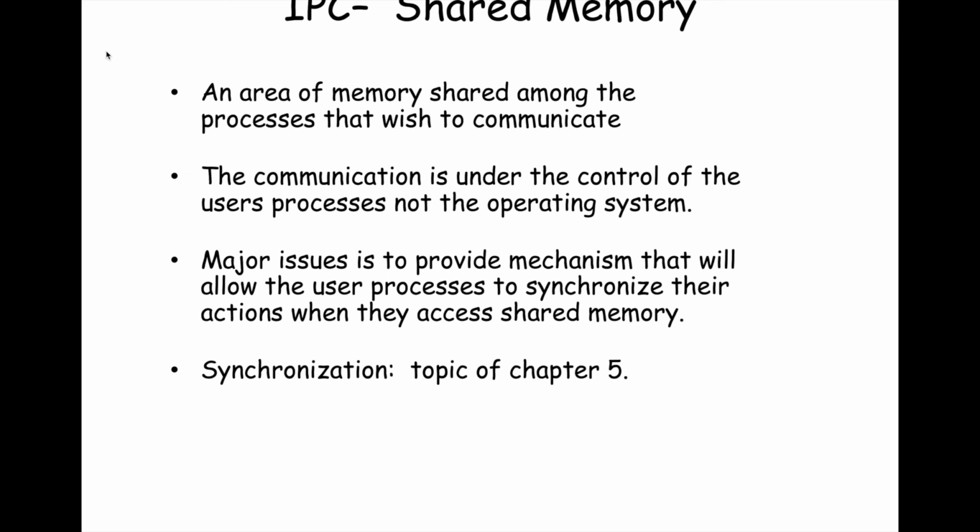The only thing that happens with the operating system is when this memory is set aside for sharing, the operating system notes down, okay, this is off limits for allocation. So if someone calls malloc, I'm not going to allocate that to some other process because it's being used by two or more processes for this specific purpose. And so the issue here is that you need to synchronize.